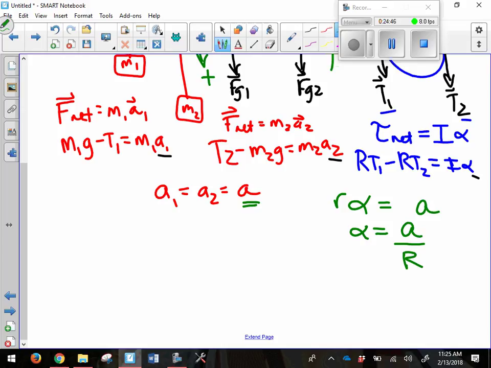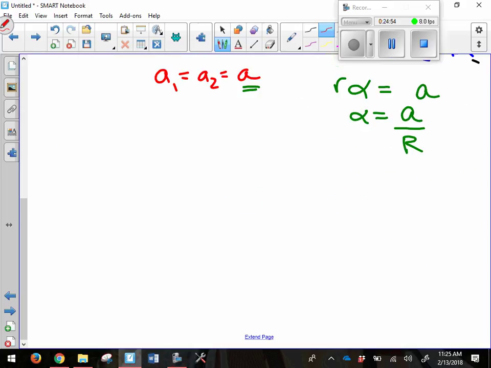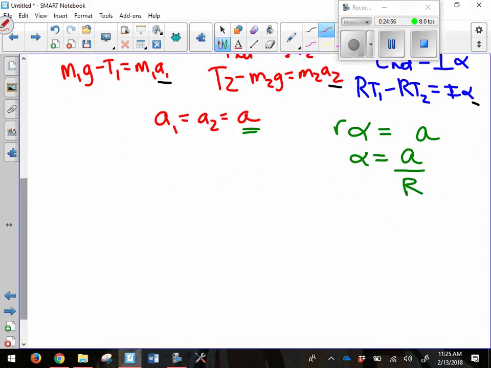Okay, we doing all right? You with me? So we can rewrite these equations a little bit and make them a little bit simpler. So this one is going to be mg, in fact, I'm just going to solve this for t, minus m1a is equal to t1.